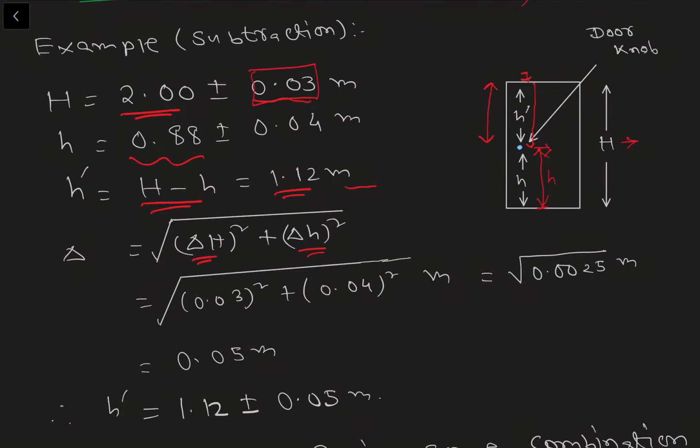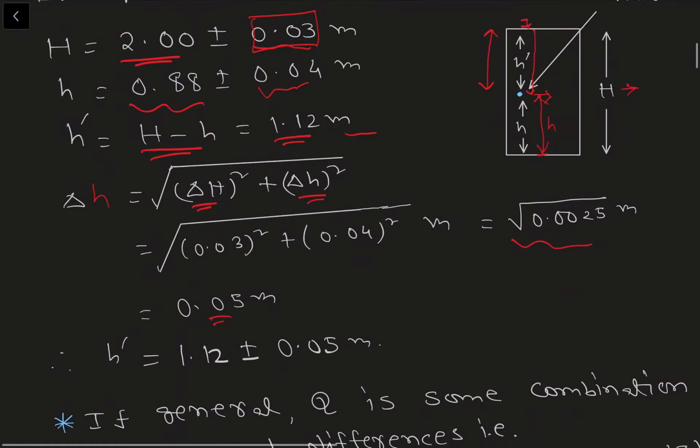Here delta H is 0.03, and the error in small h is 0.04 meter. So the error will be 0.05. We can write the measurement value as 1.12 plus or minus 0.05.